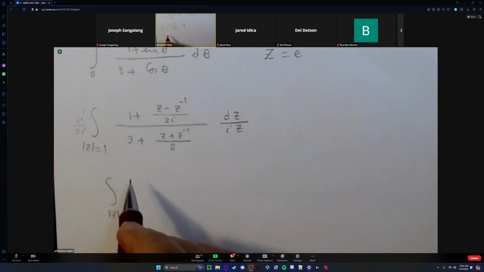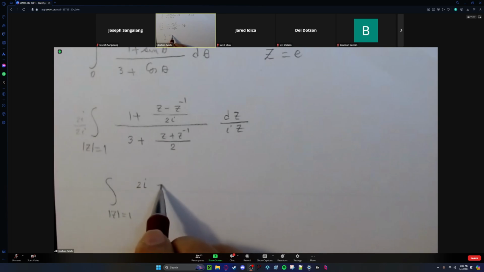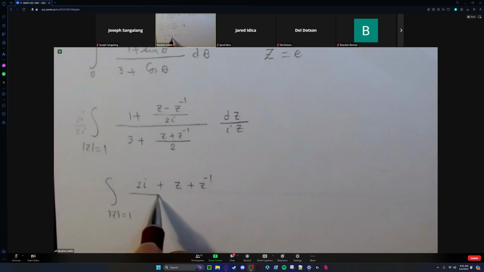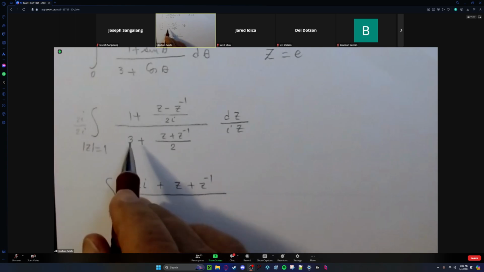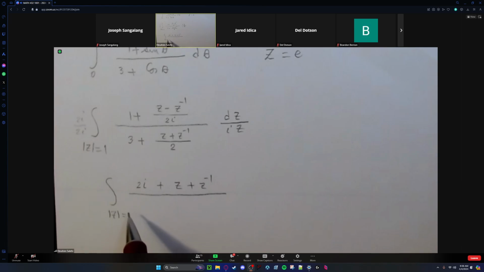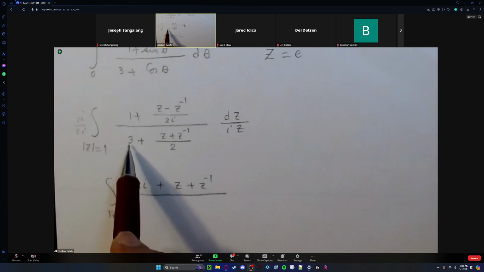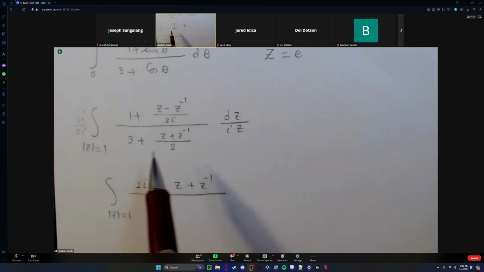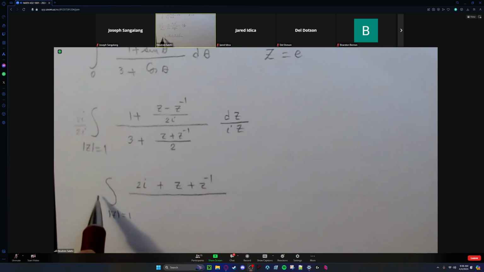This will be 2i in numerator, z minus 1, divided by, this becomes 6i, right? Well, I will multiply just by 2 and keep the i, and this i will give me negative 1.